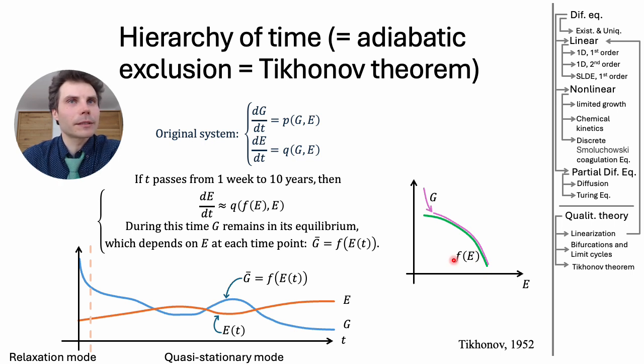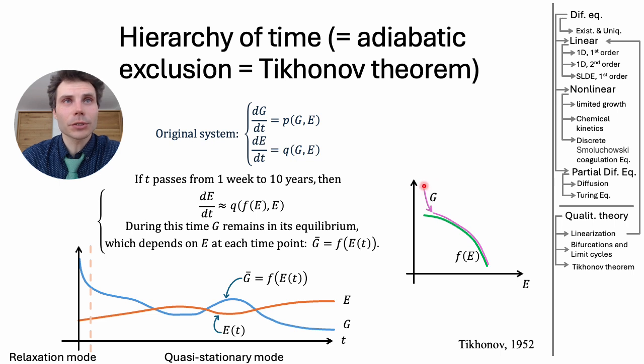So essentially it means that if the number of elephants equals this level of E, then the stationary amount of grass in the savanna is going to be just like this. So this amount of grass corresponds to this amount of elephants if the elephants are assumed constant, if they are not multiplying.